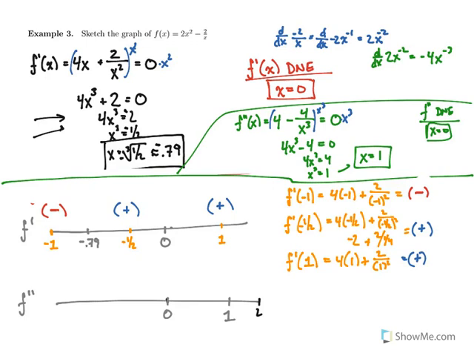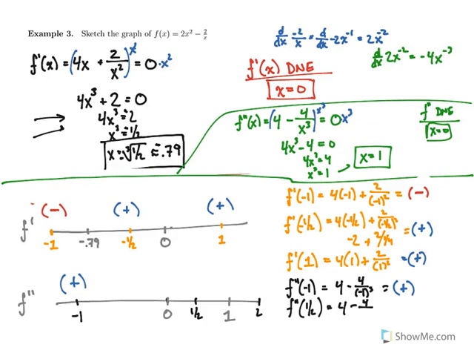So sorry, okay, here we go. We need 3 points again. 1/2, 2, and how about -1? F double prime of -1 is going to be 4 minus 4 over -1 cubed, and that is going to be a positive number. F double prime of 1/2 is 4 minus 4 over 1/2 squared.